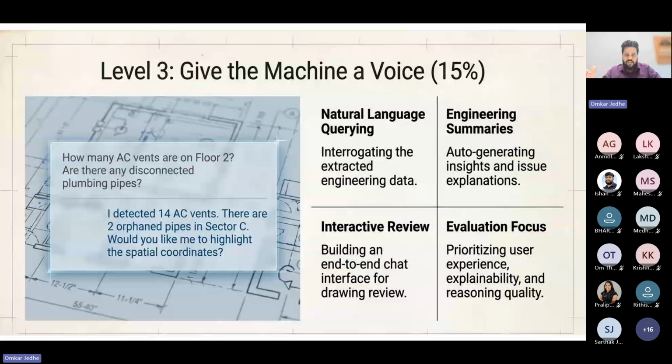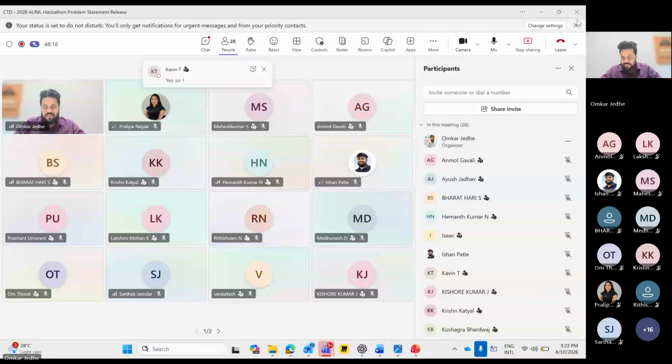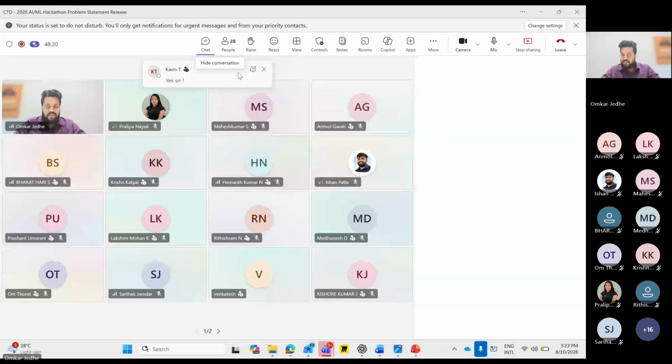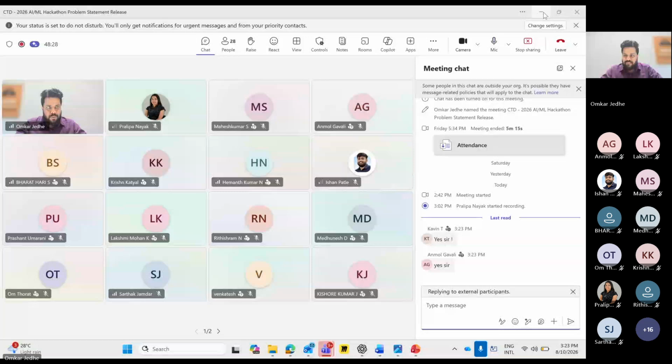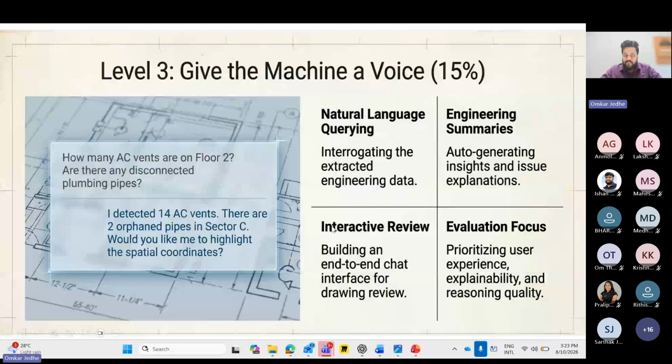Can someone quickly confirm about it? Yes. Okay. So let me quickly see. Which screen are you able to see? The level 3 one? Okay.